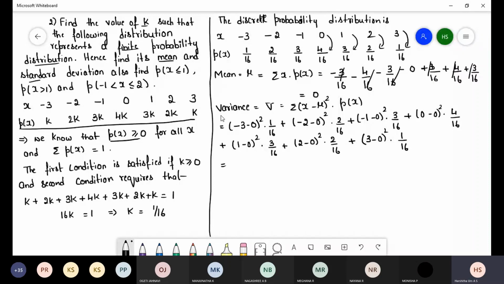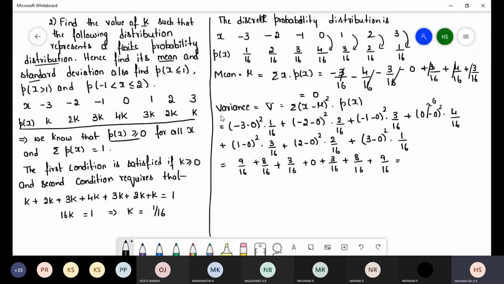Now, (−3) whole square is 9 by 16. (−2) whole square is 4, and 4 twos are 8, so 8 by 16. Next, (−1) whole square is plus 1, so 3 by 16. The term with 0 becomes 0. Next, again 3 by 16, plus 4 into 2, 8 by 16, and 9 into 1, 9 by 16.